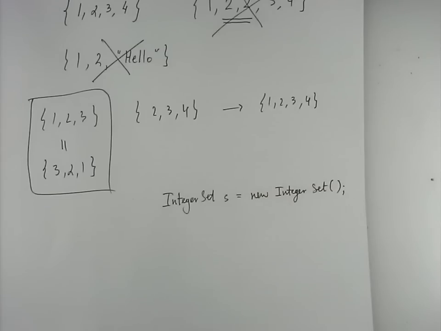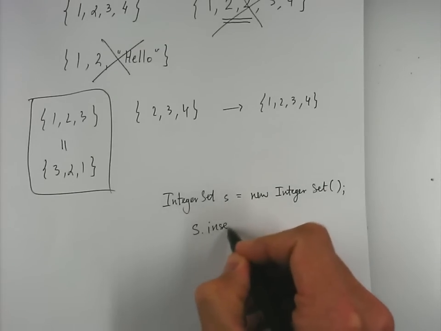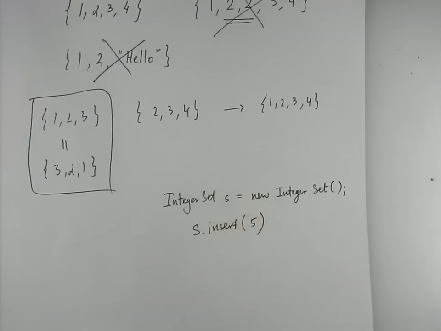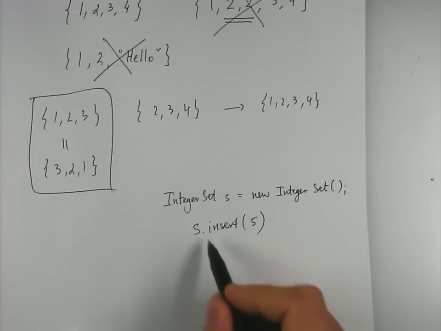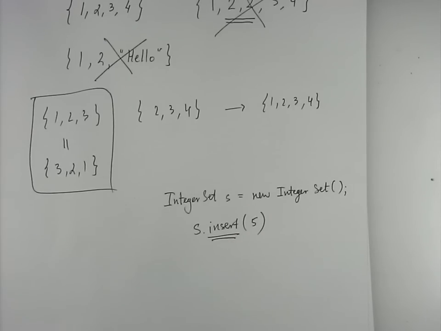I just created it, and now I can call s.insert 5. Or maybe not. It depends on the requires clause. Whether I can or cannot execute this method depends on what I'm going to write down in this comment. So what is necessary?